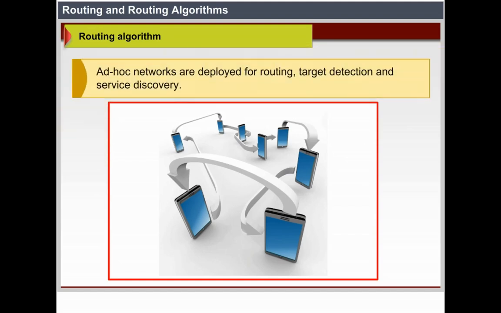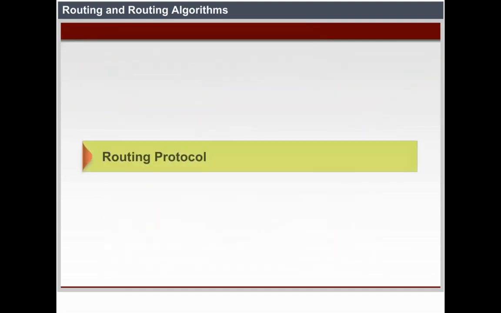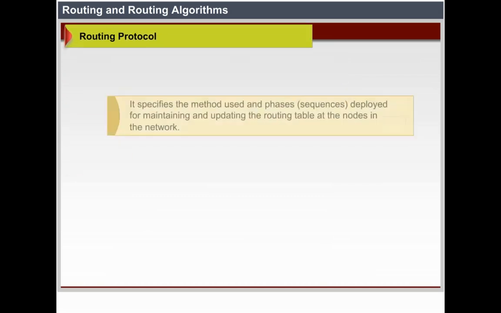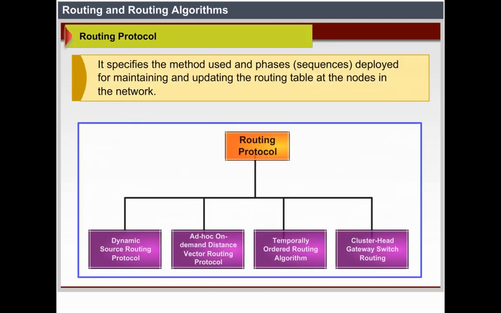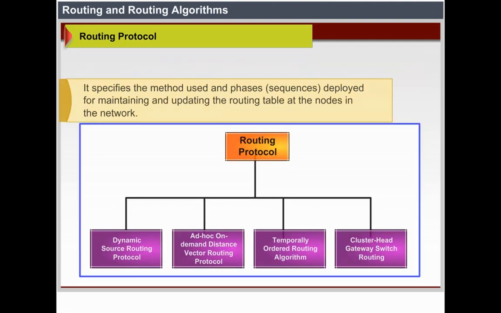Ad hoc networks are deployed for routing, target detection and service discovery. Routing protocol specifies the method used and phases sequences deployed for maintaining and updating the routing table at the nodes in the network.